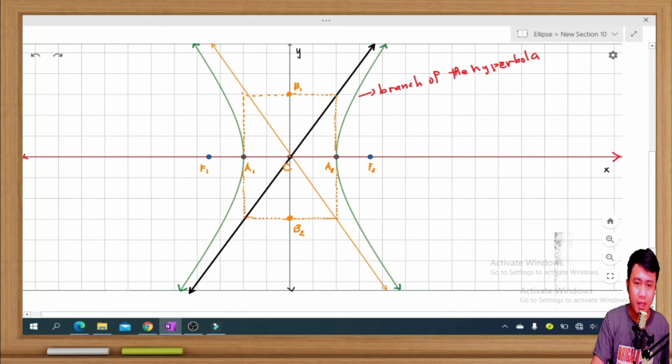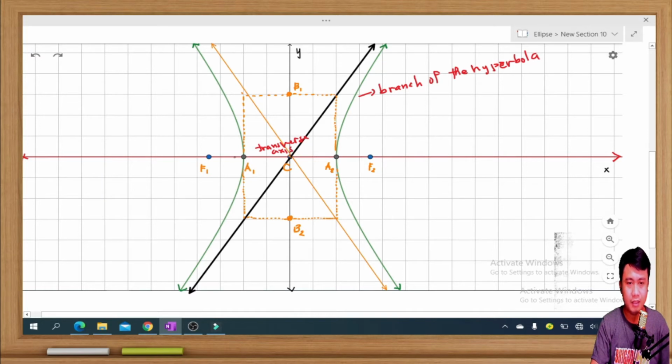And itong ating line segment, joining, of course, the vertices, ang tawag natin dyan ay, anong tawag natin ulit dito? We have the transverse axis.